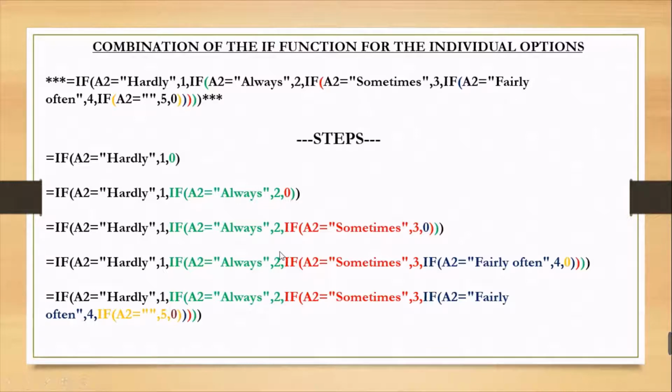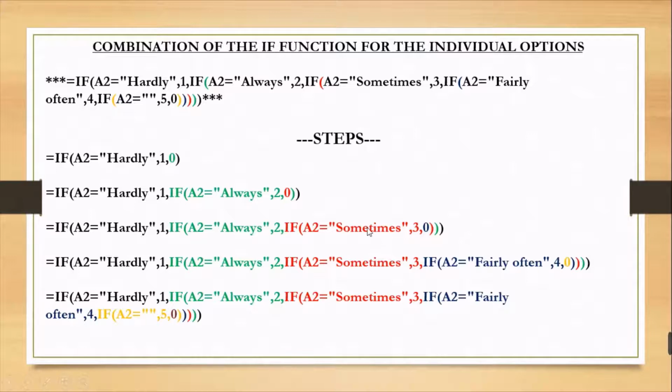So now in the next step, we're saying after checking for hardly and always, we don't want it to take a 0 if it doesn't apply to always, as explained in the flowchart. We want it to check for sometimes. As you can see, instead of putting a 0 as the false, it's asking another question.